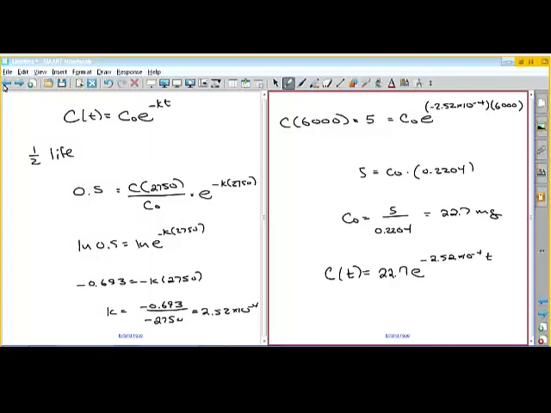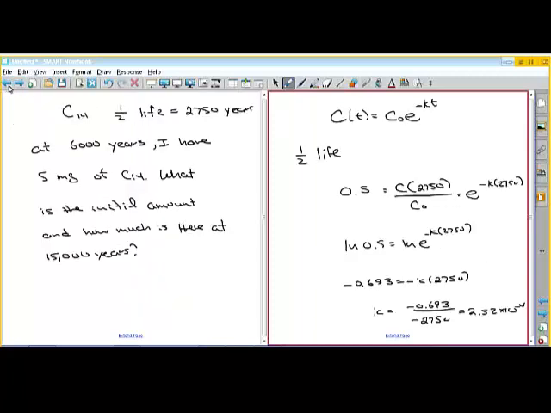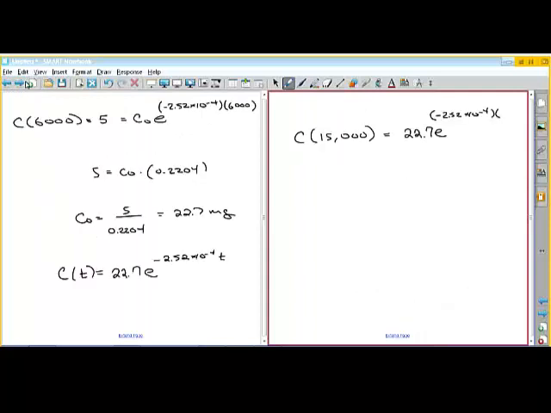So to find it after 15,000 years, we just plug 15,000 in for t. That's just a matter of evaluating it without trying to solve for everything. We already have it solved. It should be less than 5, because 5 was at 6,000 years.